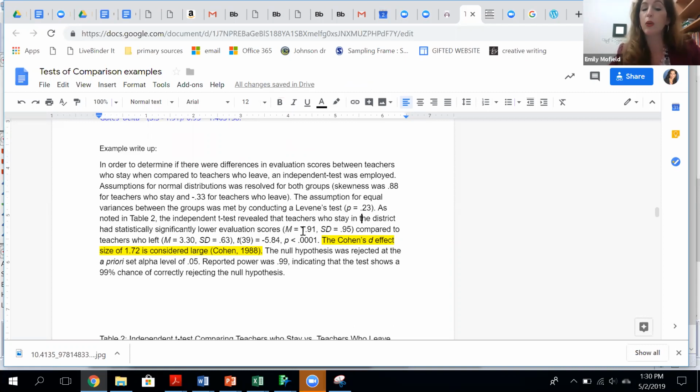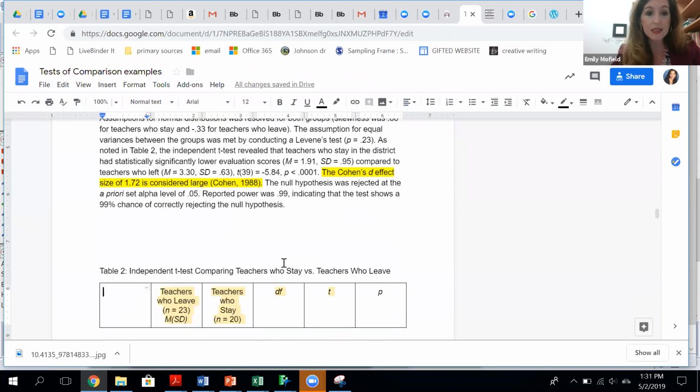Then you would go on and report the means and standard deviations of each group. Notice that this number in parentheses is the degrees of freedom. And remember, it was a decimal point, but I'm not going to report it as a decimal point. This is the t-value that I calculated and the p. And then I report the 1.72 effect size and the power. So that's how you write up your independent t-tests.